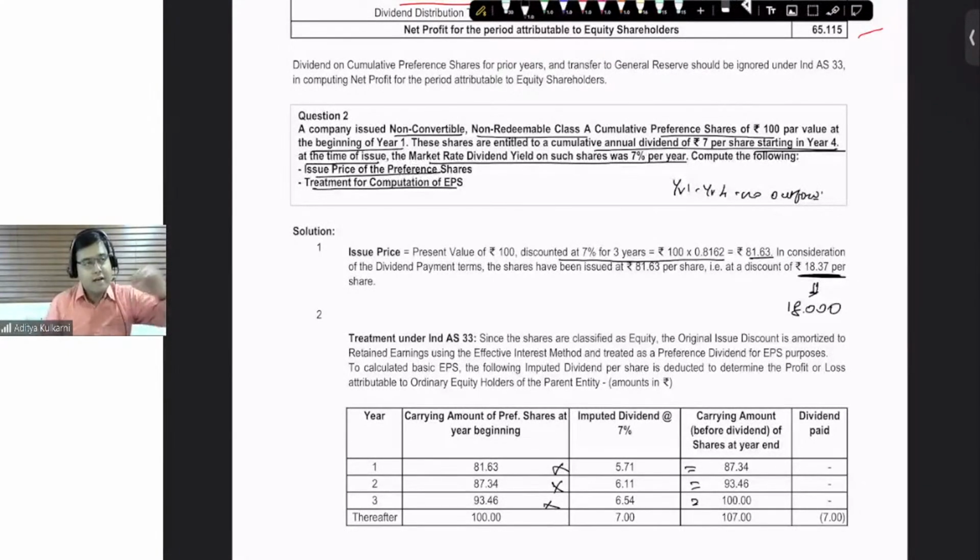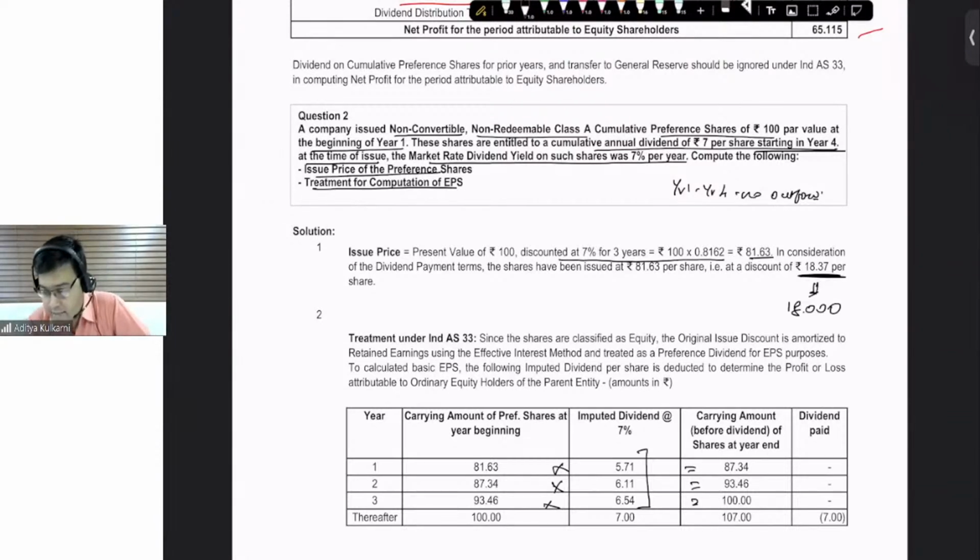So every year I went on increasing the discount until I reached the value that is required. Have you understood? Did you understand, Soham? So in our example, 18,000 would be amortized in this particular manner. 18,000 would be capitalized in this particular manner. Did you understand?